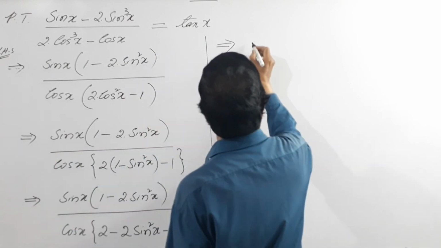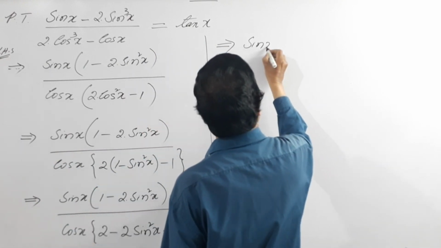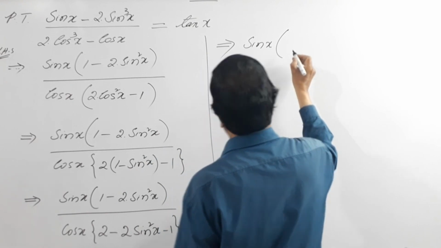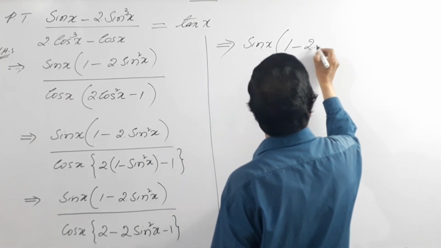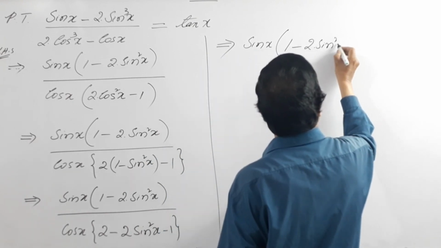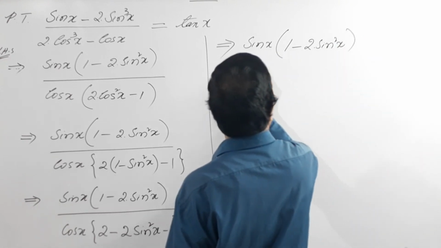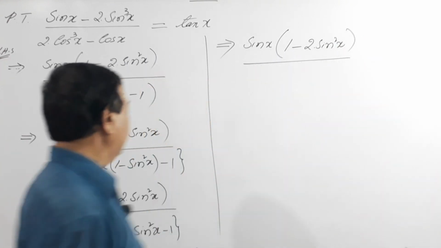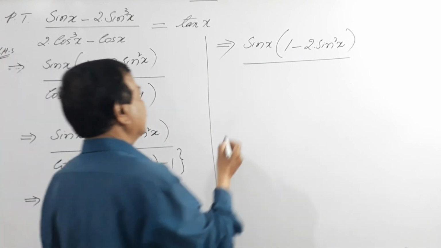I'll repeat the same sentence. Sin x into 1 minus 2 sin square x divided by cos x.